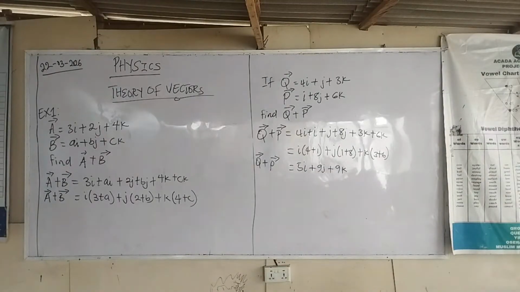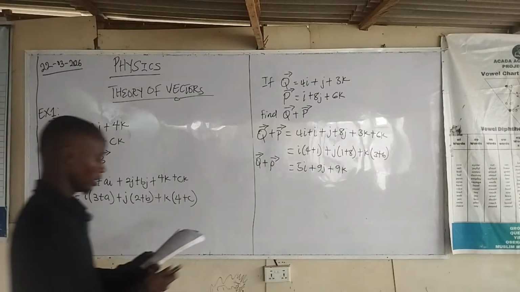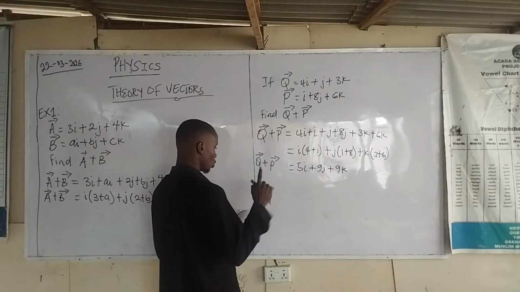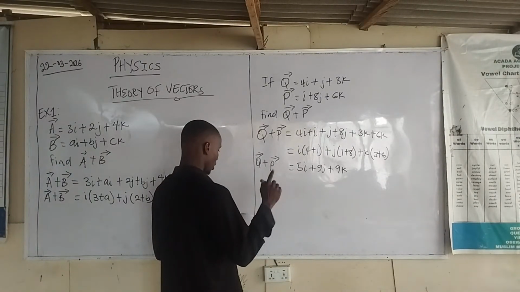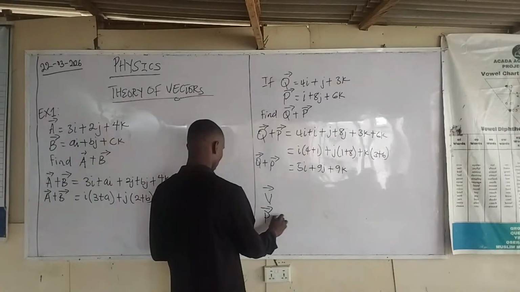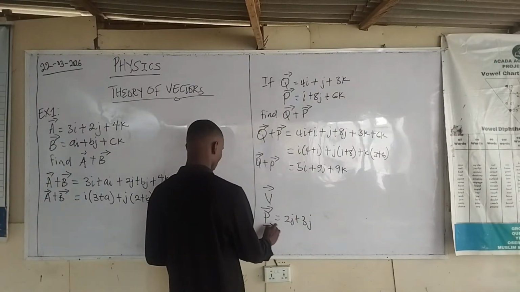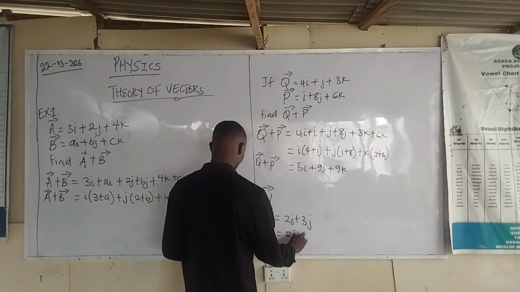What vector v must be added to two other vectors, in which p is equals 2i plus 3j and q is equals 2i plus 4j?